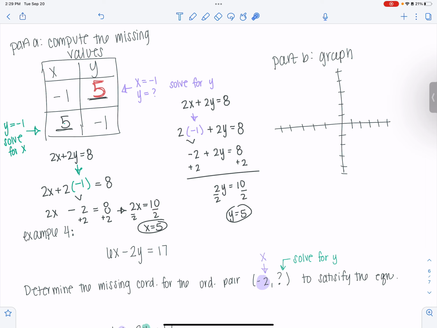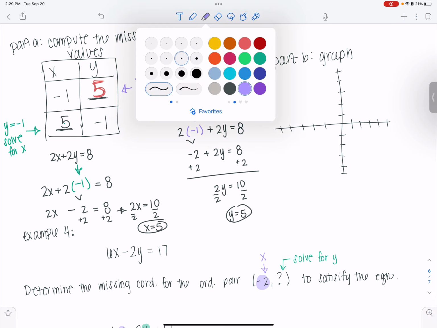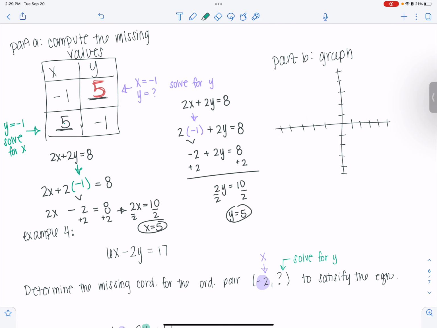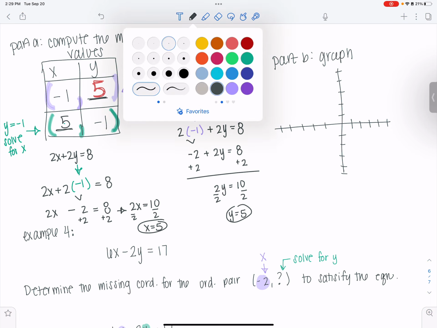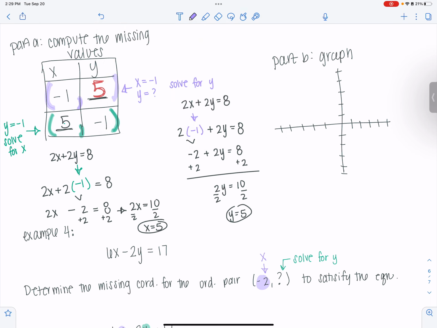Now part B is going to ask you to graph it. And so I can use this table and turn these into graphs like this. Now I have created these ordered pairs. So now I've got the ordered pair (-1, 5) and (5, -1). So now I'm going to plot those two. I'm going to try and line the colors up.